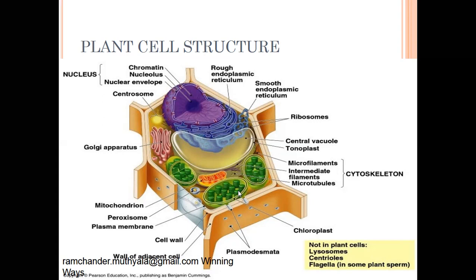Production house means that by photosynthesis, the chloroplast organelles prepare carbohydrate food material. So the chloroplast is also called the powerhouse of the cell.